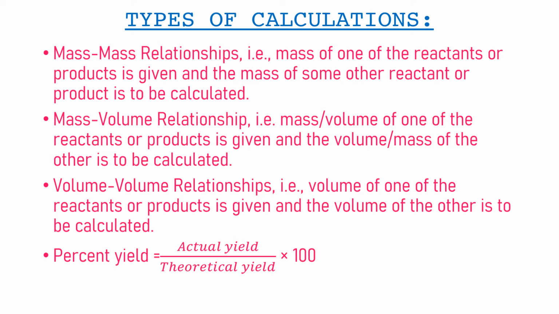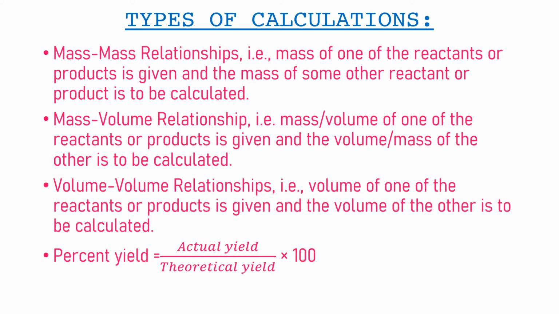So we can write percent yield equals actual yield divided by theoretical yield into 100. This is the formula for calculation of percentage yield, how much percent we are getting.